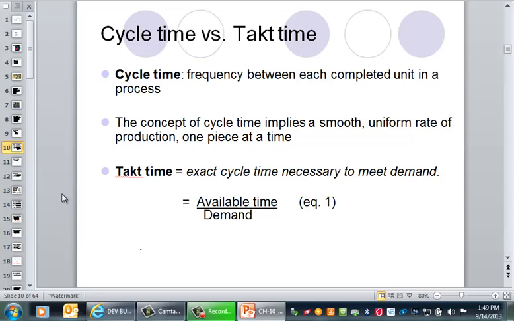So from noon to 4, you're creating an awful lot of pizzas, which is fine if it's game day and you have a lot of demand for those pizzas to go, and you really never know what that demand is going to be. But takt time says that you are creating the pizzas in time just to meet the demand so that you don't have the excess inventory. So the exact cycle time necessary to meet the demand.